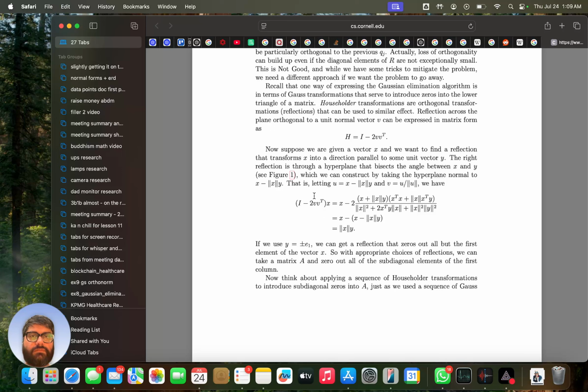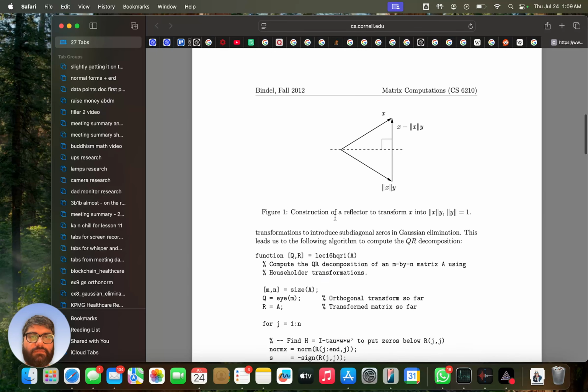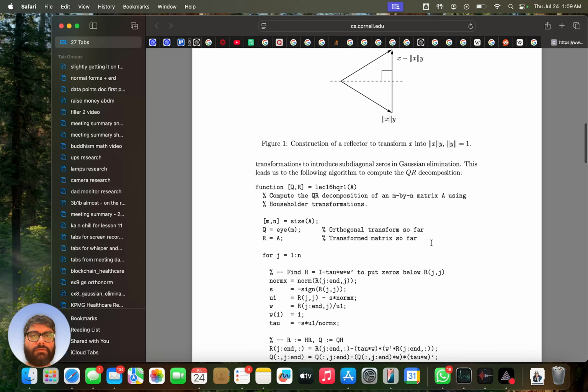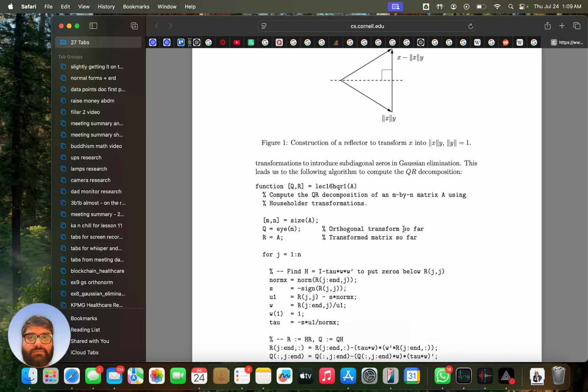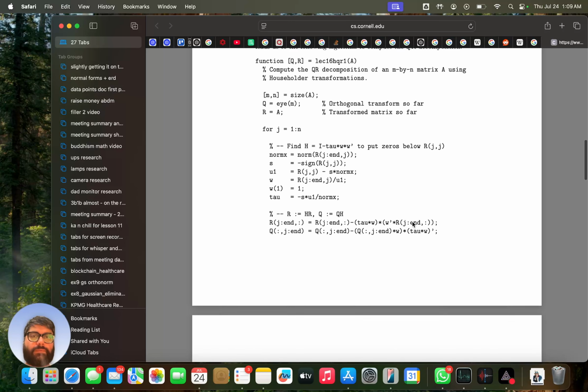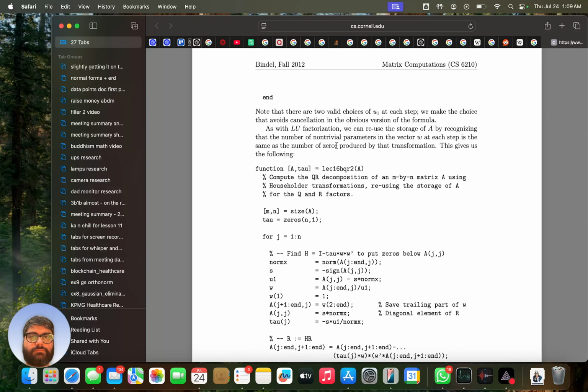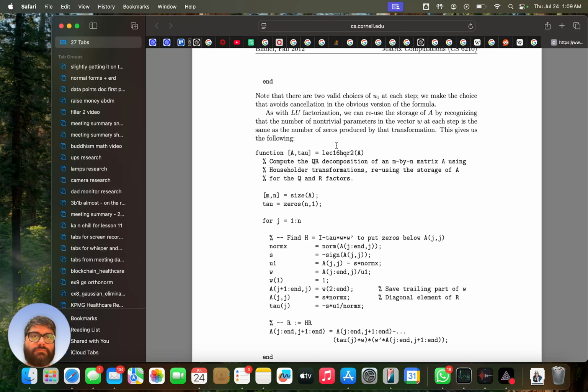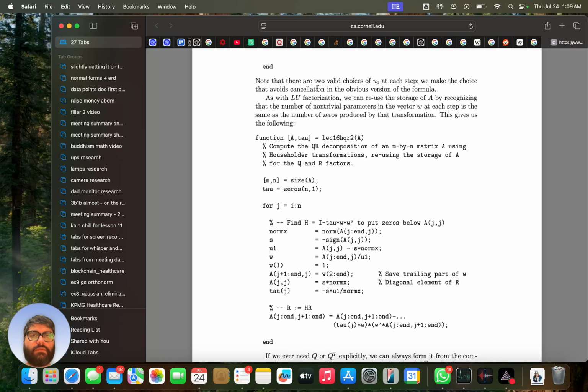Okay. I think this is MATLAB. Actually, I don't understand what this concept of cancellation is.